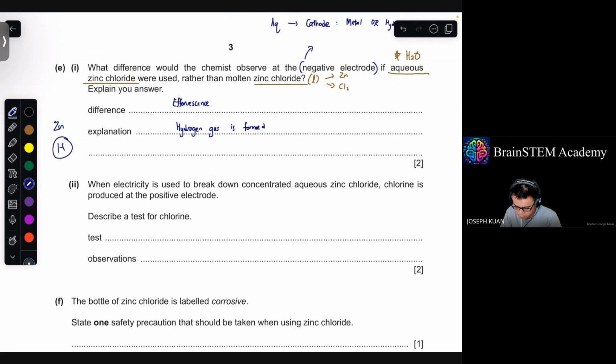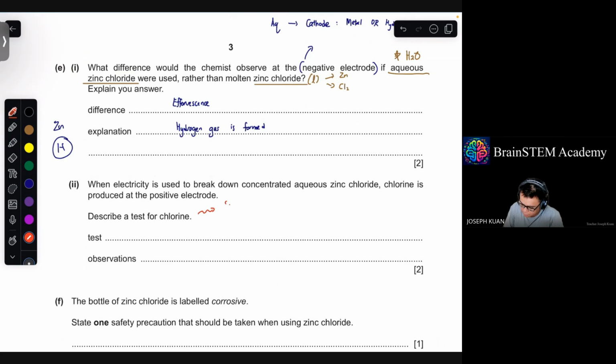All right. So E2, when electricity is used to break down concentrated aqueous zinc chloride, chlorine is produced at the positive electrode. Describe a test for chlorine. Now, chlorine is commonly found in certain household materials like bleach. Okay, and chlorine is characterized by its ability to bleach substances.